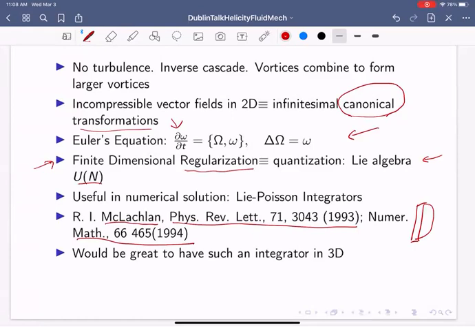But if you just ask a simple question, do you know any representation other than the natural representation of functions on a 2-torus, the Poisson algebra of functions on a 2-torus or 2-sphere? Do you have non-trivial representations? The answer seems to be that people don't know. It is pretty amazing that even the case of the Poisson algebra on a torus still is so mysterious. Yeah, I find that amazing.